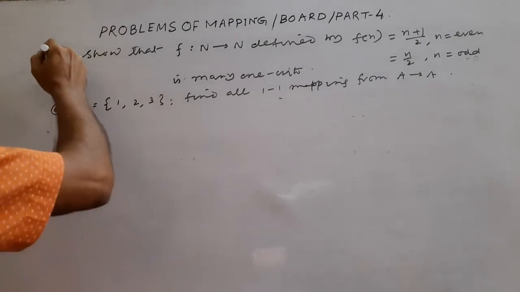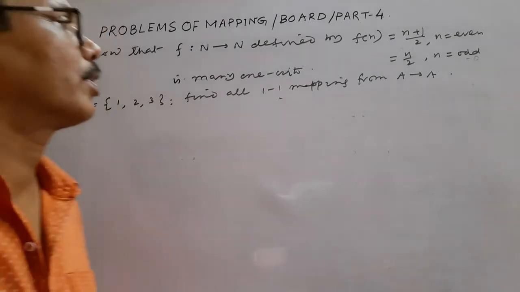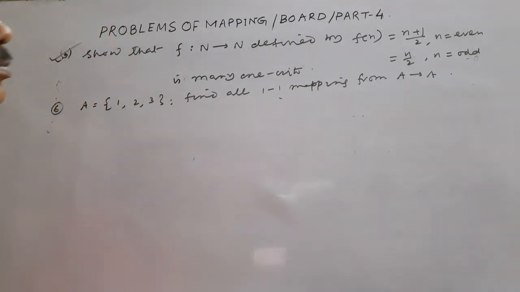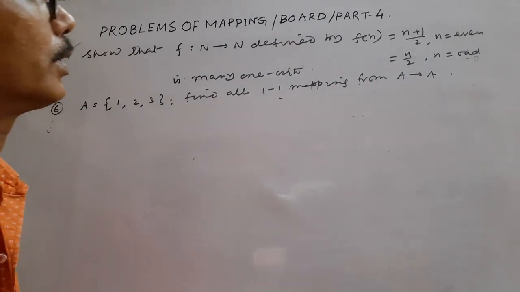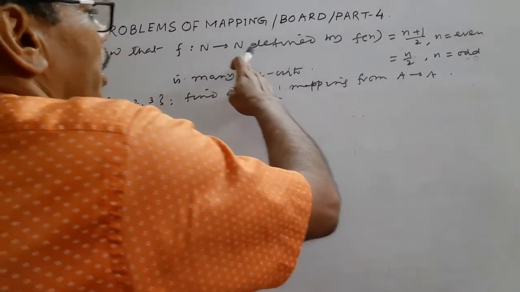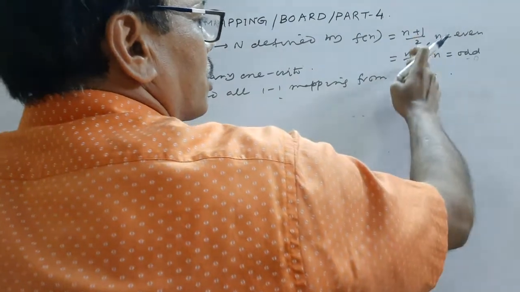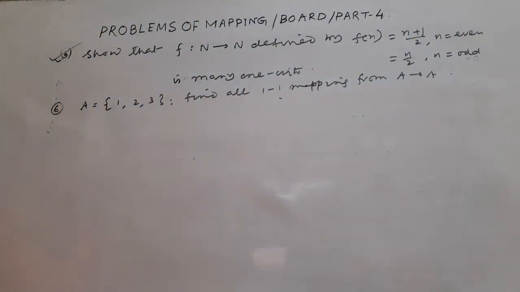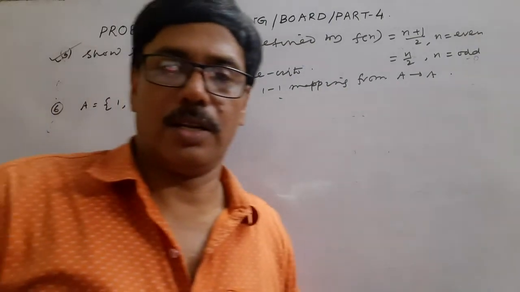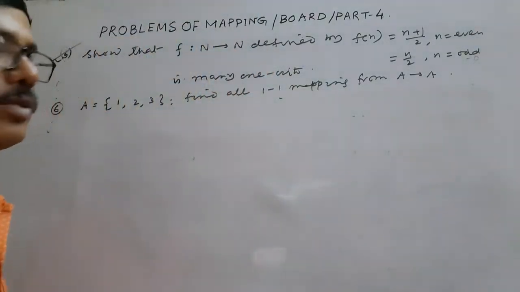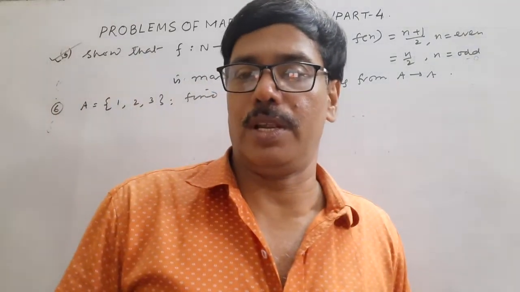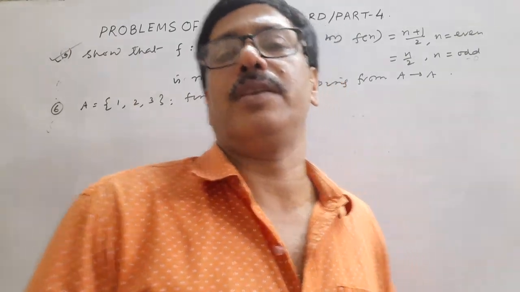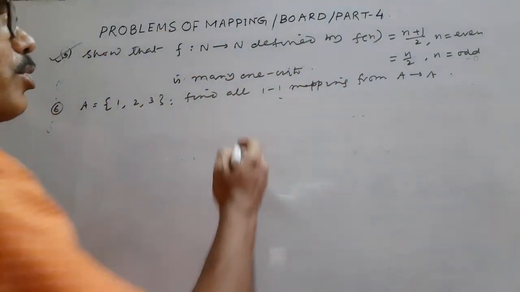Now problem number 5. N to N defined by f(x) as given, prove that f is many-one and onto. For many-one, our main aim is to show two different elements have the same image.